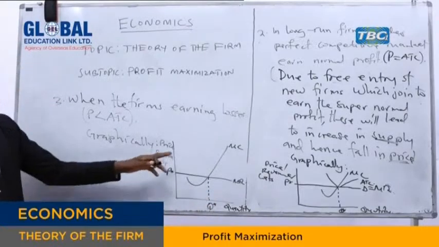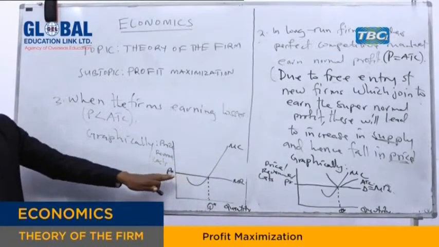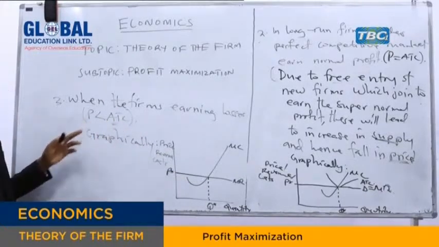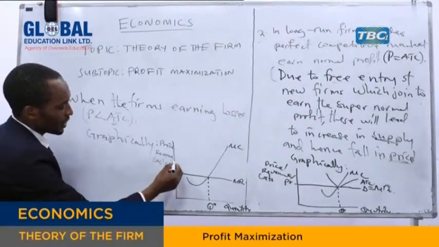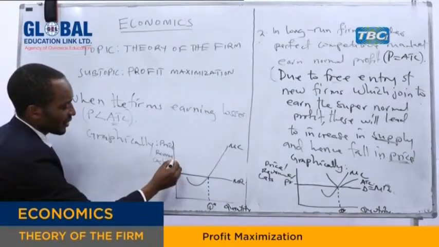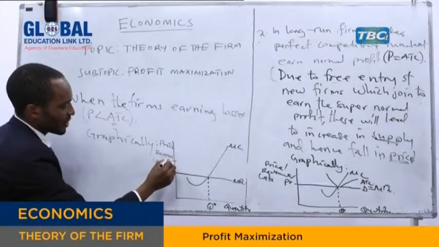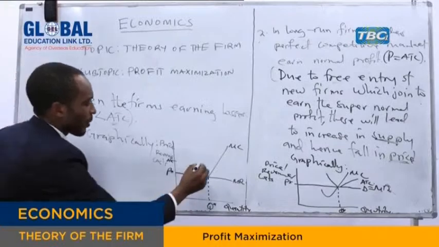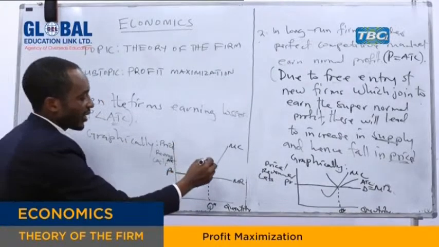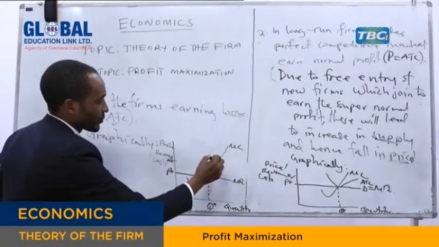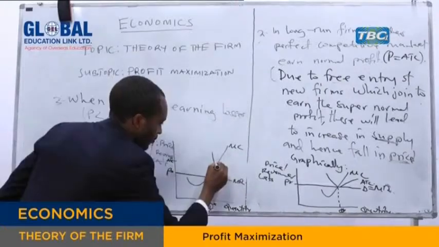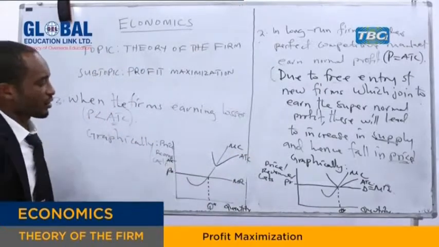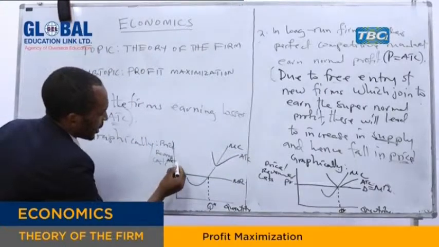As we said, when a firm makes losses, it means the average total cost will be higher than the price. So assume the average total cost is above, then the price is below. When we join the average total cost, this is the average total cost.